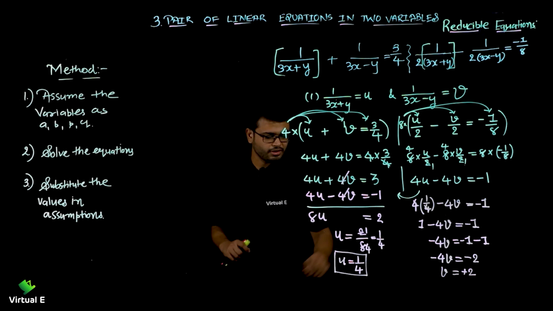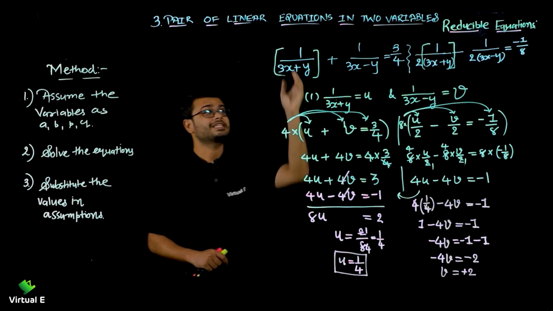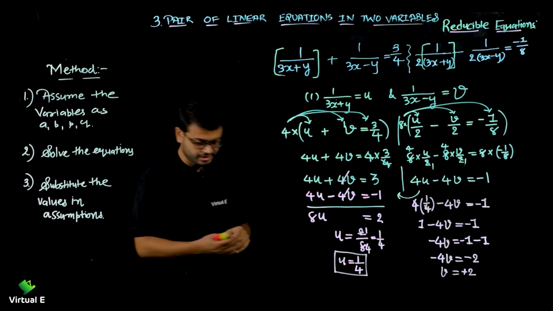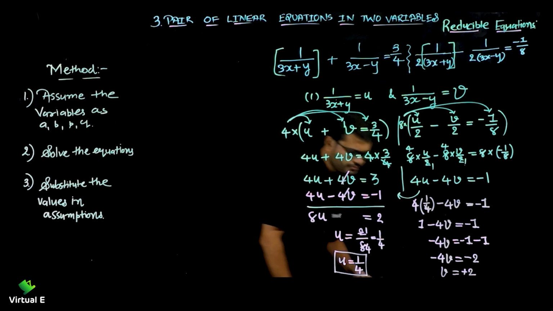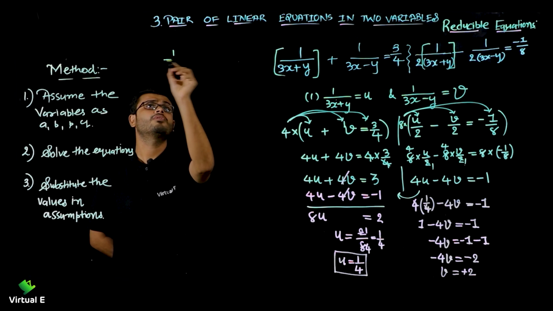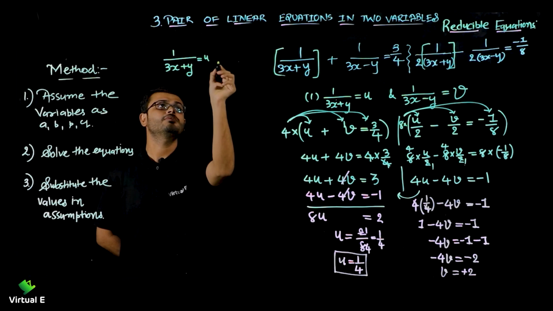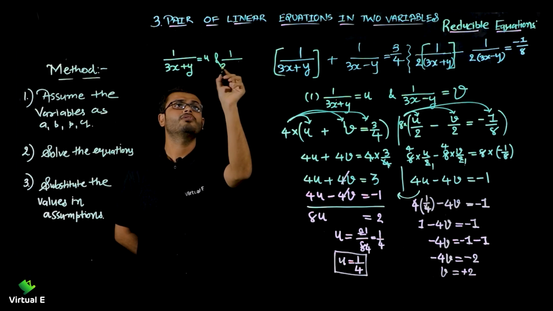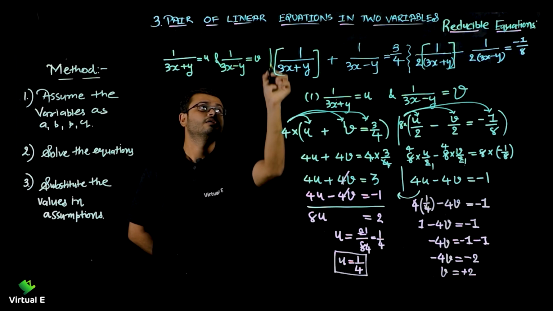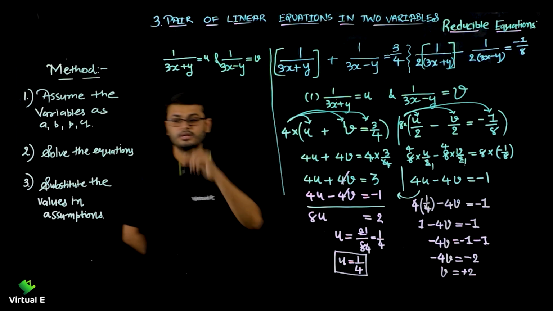So I have the values of u and v with me. Remember, what I am looking for is x and y. We do want to find the value of x and y, so let's substitute and get the answer. Let's start with this: 1 over 3x plus y is equal to u, and 1 over 3x minus y is equal to v. The value of u is 1 over 4.